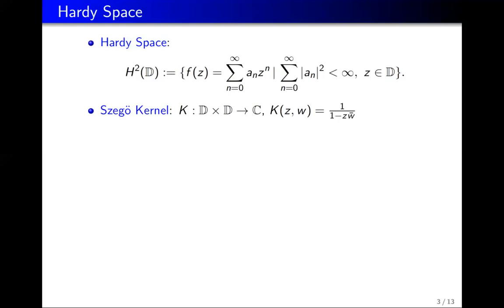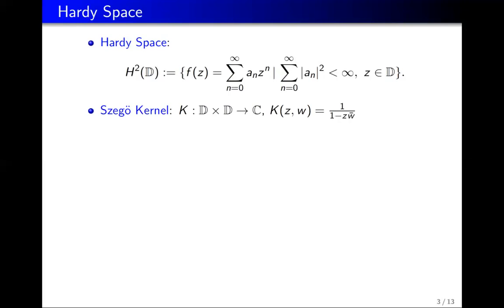It's defined by 1 upon 1 minus z w bar. That's a function of two variables, holomorphic in the first variable and anti-holomorphic in the second. So if you fix the second variable, that is, if you fix a w from the disk, then it becomes a holomorphic function in the first variable.